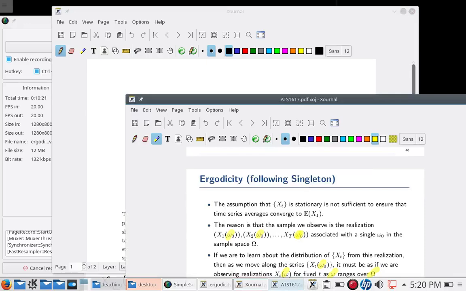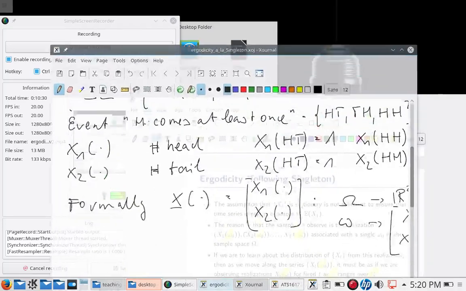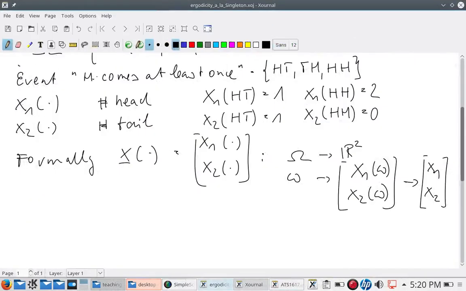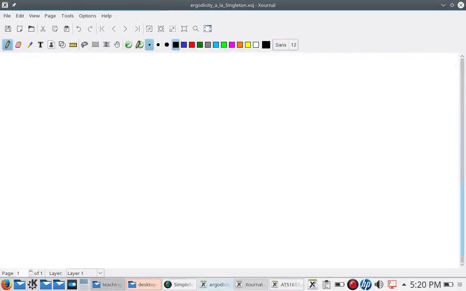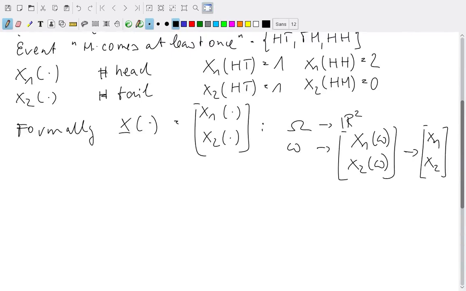Now, what's done in Singleton's quote is that he applies this notion of a probability space and the construction of random variables to a time series context. As we remember, for us, time series are realizations of stochastic processes, and stochastic processes are vectors of random variables indexed by time, or sequences of random variables indexed by time.